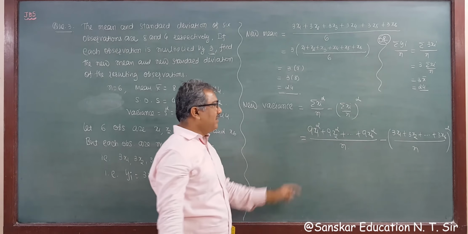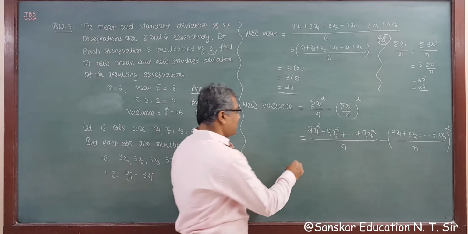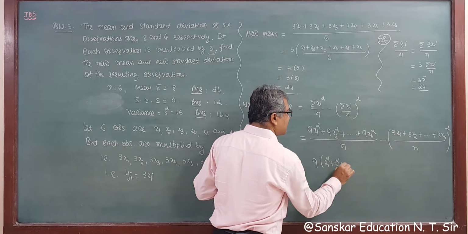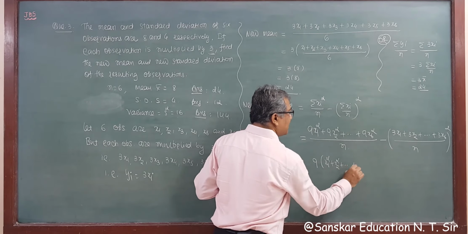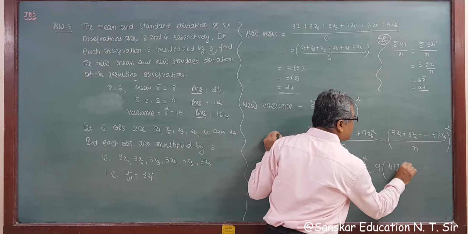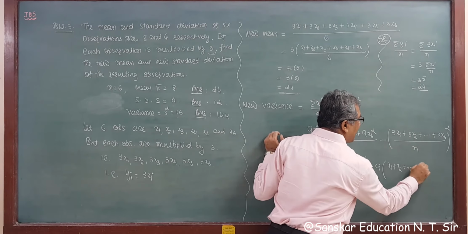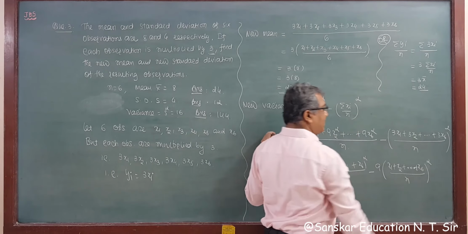So now taking 9 common from here, what do we get? x1 square plus x2 square plus up to x6 square, whole upon n, minus, if we take 3 common from here, then 3 square, that is 9 is common, and the remaining will be x1 plus x2 plus up to x6, whole upon n, whole square.